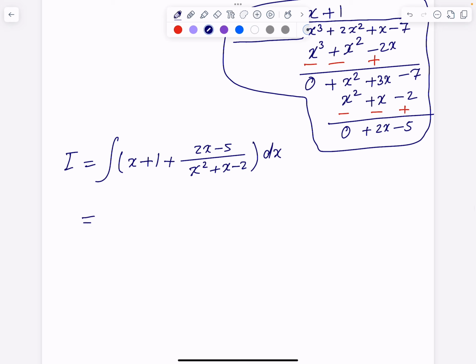All right, and now we're going to have the integral of x, which is x squared by 2. Then 1 is going to be x.